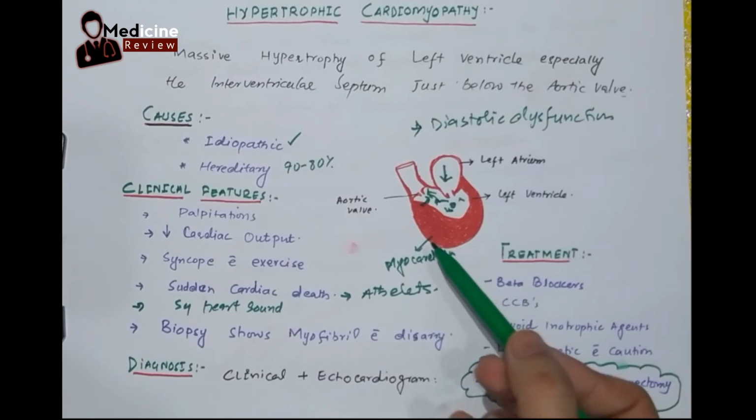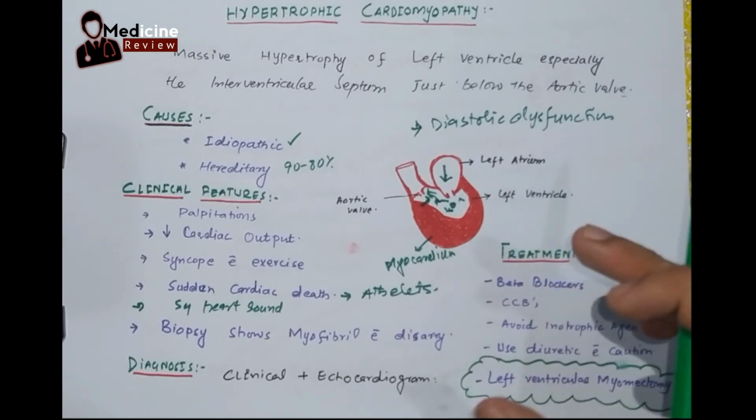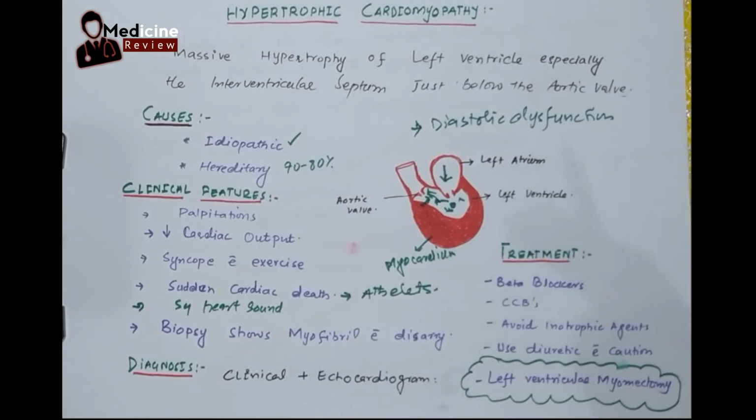And if we take a biopsy from the myocardium, the biopsy shows myofibril disarray. The myofibrils, which are arranged in a very specific way in normal people, here show disarrangement because of the beta myosin heavy chain defect. For diagnosis, we look at the clinical symptoms and then go for the echocardiogram. Echocardiogram is still the investigation of choice to diagnose hypertrophic cardiomyopathy.